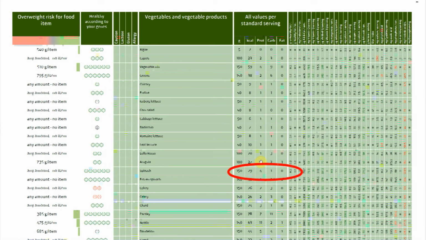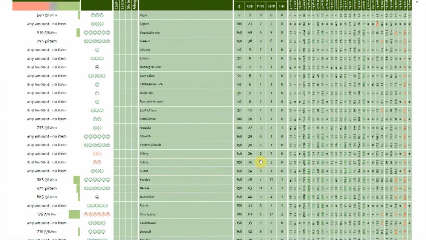That's why it's also a no item. Any amount, you can eat that whenever in between. So 29 kilocalories, 4 grams of protein, 1 gram of carbohydrates, and 0 grams of fat. So these are the important calorie containing substances, just in case you're interested. And if you're not, as long as you just look at these bars, that's sufficient for your weight loss program.